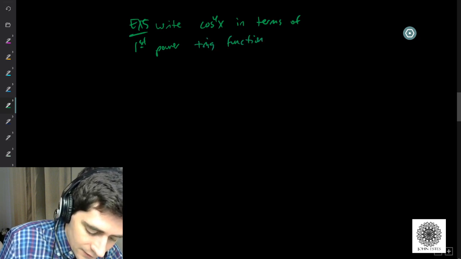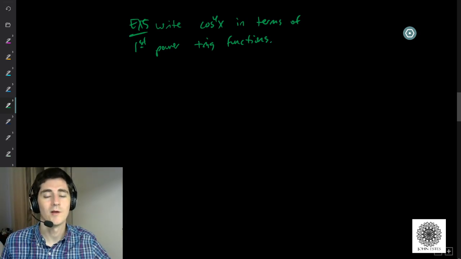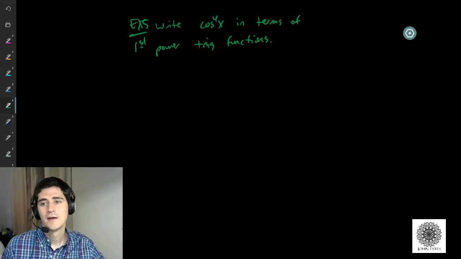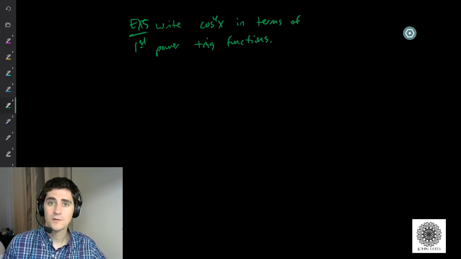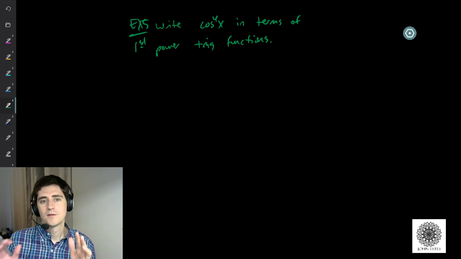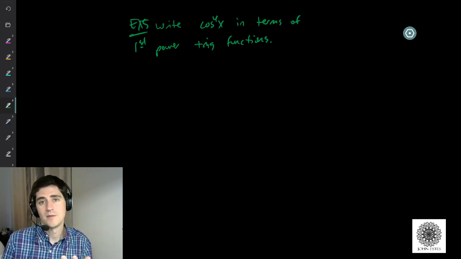So I don't want to deal with cosine to the 4th power. Maybe whatever application I have, that's very difficult. So what I want to do is write cosine to the 4th power equals something to the 1st power plus something to the 1st power plus something to the 1st power, maybe, okay?